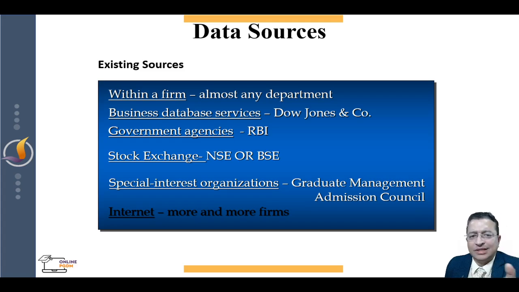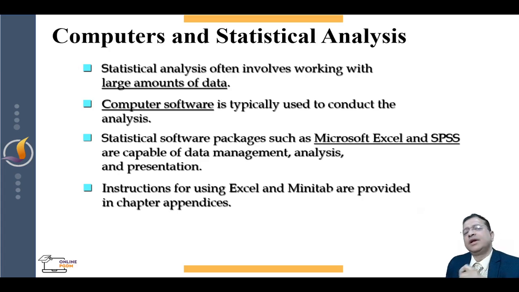You need to know what kind of data is actually required in that particular situation. Due to the availability of data, we use some kind of software to analyze. Most of the time in your course, we will be using MS Excel, and in some cases you might go for other statistical tools.